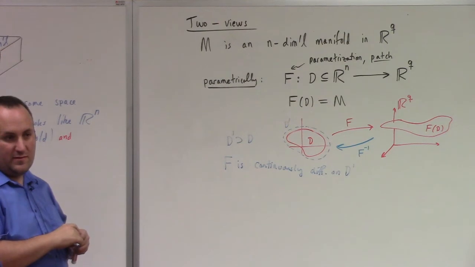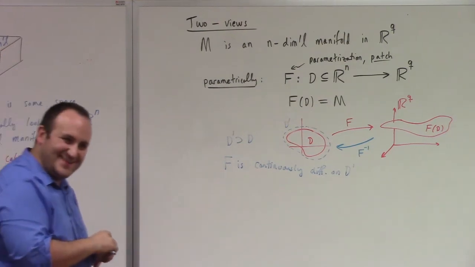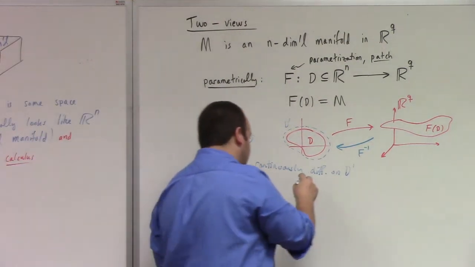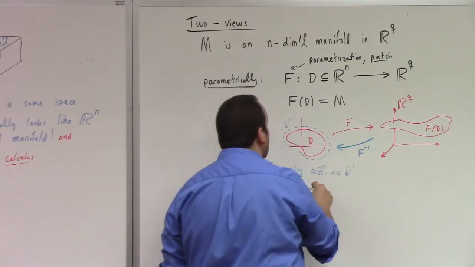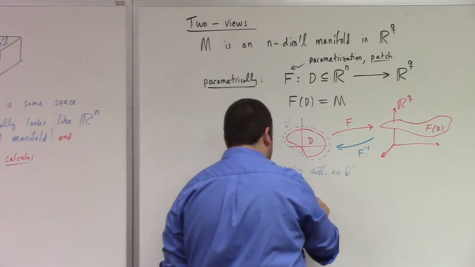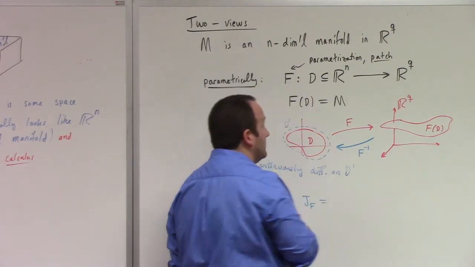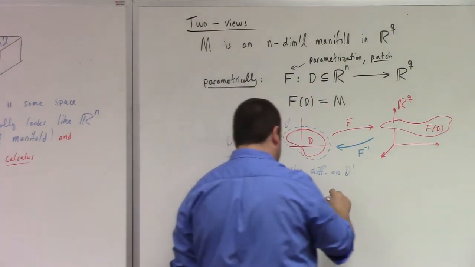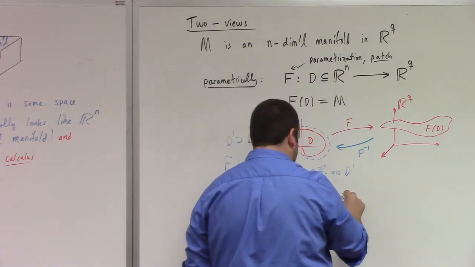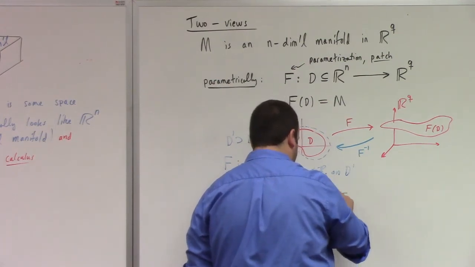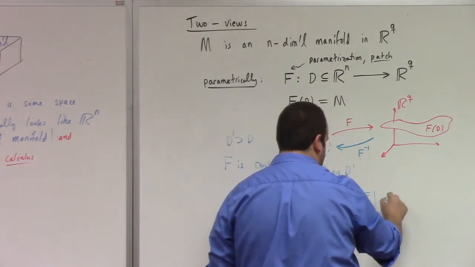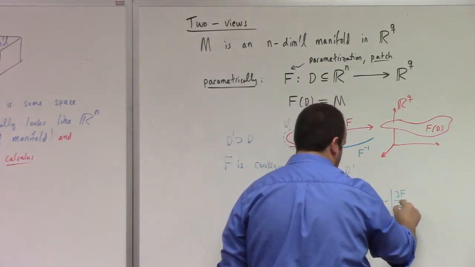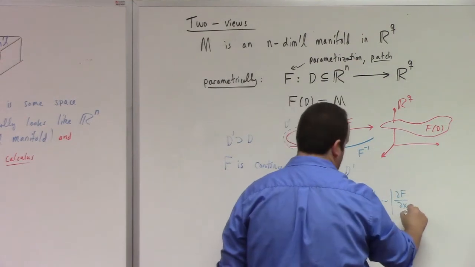But on the other hand, we can calculate: what does the Jacobian of F look like here? It's partial F, partial x1, partial F, partial x2, and so on. How many do we have? N, right?